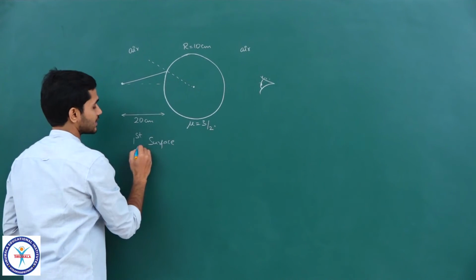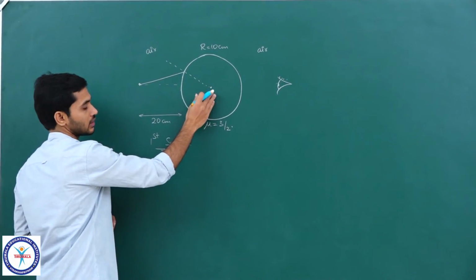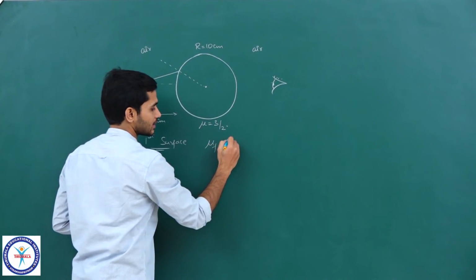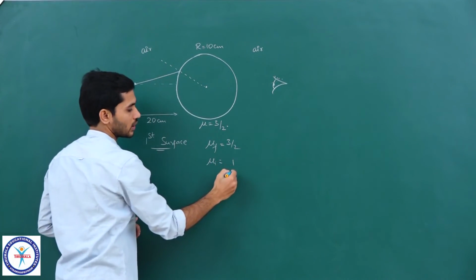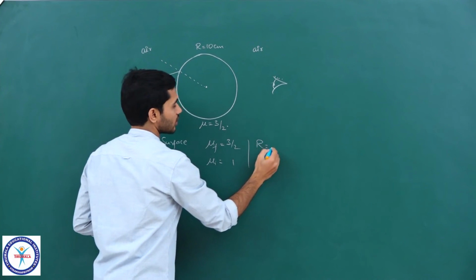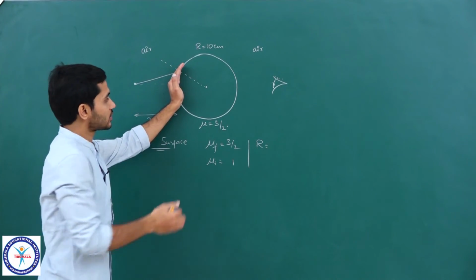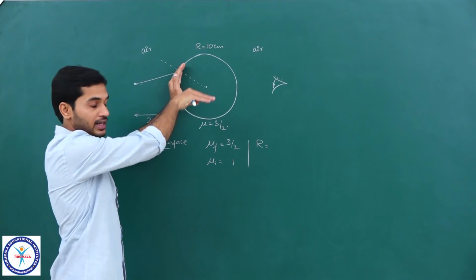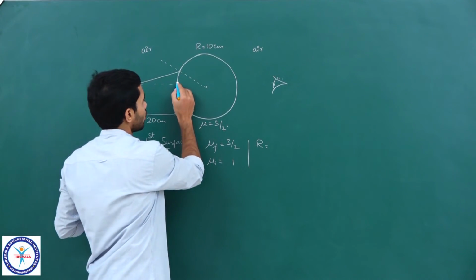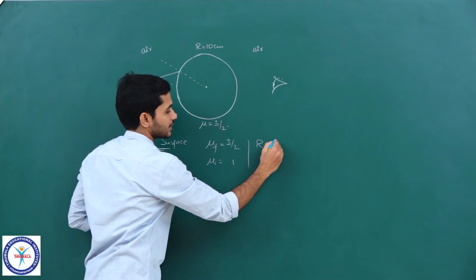Let us write down the values first. Mu final is 3 by 2, mu initial is this medium, 1, and radius of curvature. This is the interface, the center is on that side, light rays are also travelling that side. So, positive R, and how much is the value of R? Plus 10.